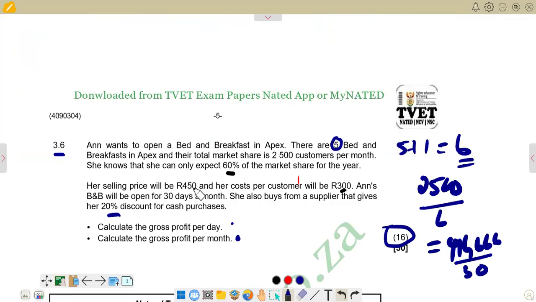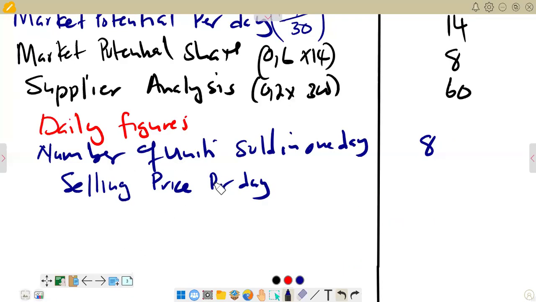So we say 450 times the number of units we have per day, which is 8. So per day it becomes 8 times 450, and the answer you are going to get is 3,600. This is our selling price.